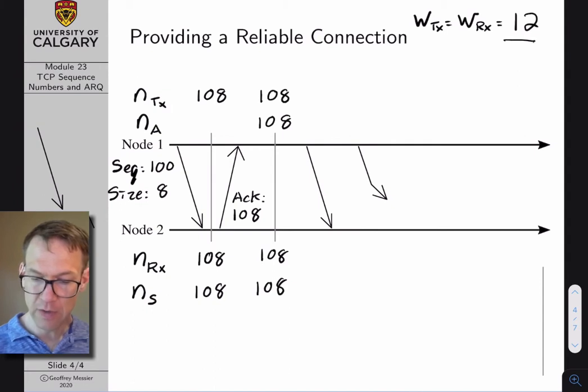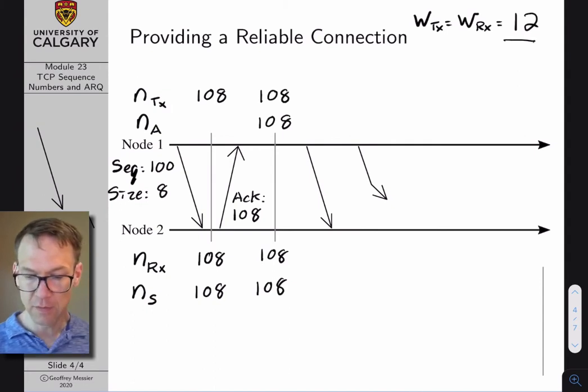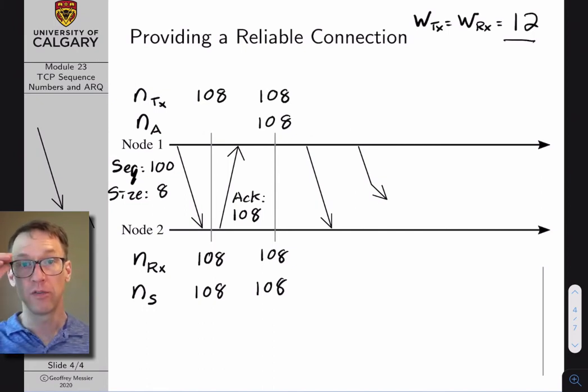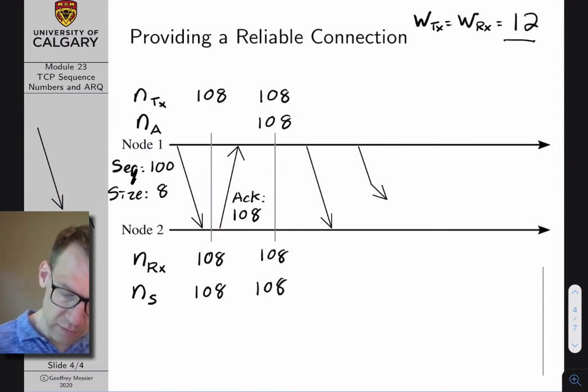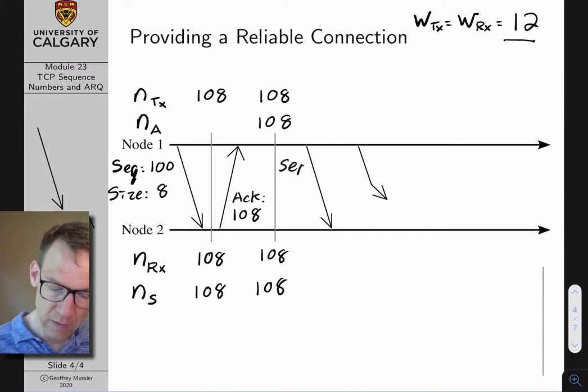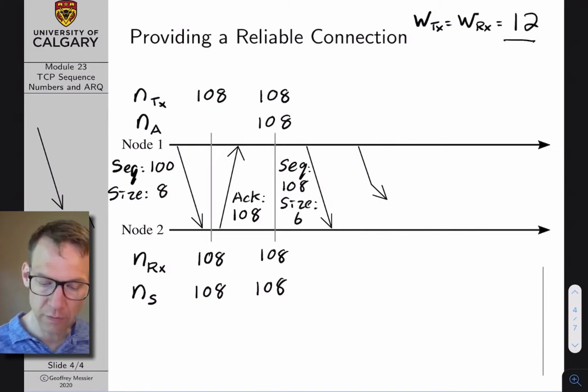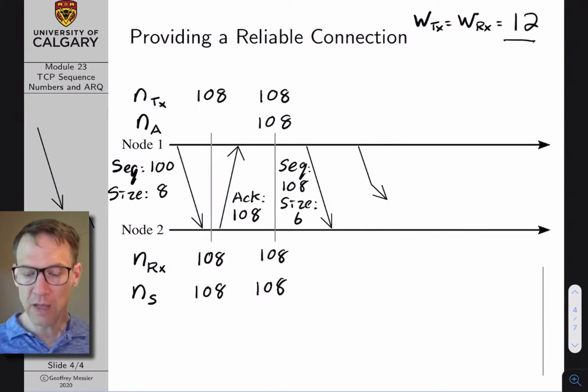So our window size is 12 bytes. And so that means we can send up to 12 bytes before having to stop and wait for an acknowledgement. And so let's say this first segment that we send has sequence number 108, and its size is 6 bytes.